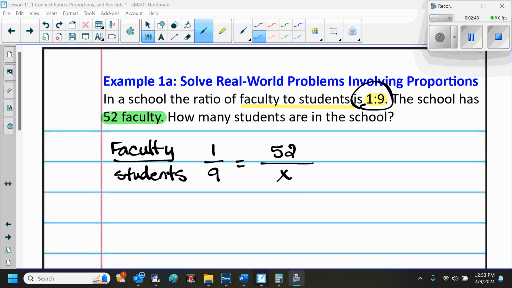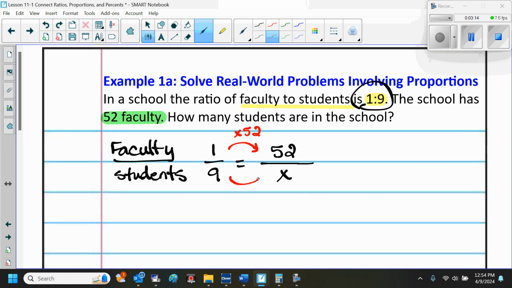Now, this one you can solve by cross-multiplying, or you can solve by equivalent ratios. You have to look at it so that you can decide which is the most efficient way to solve this. You can cross-multiply, that's fine. It's more work, but can't you just ask, what can I multiply 1 times to get 52? Yeah, you're going to multiply times 52.